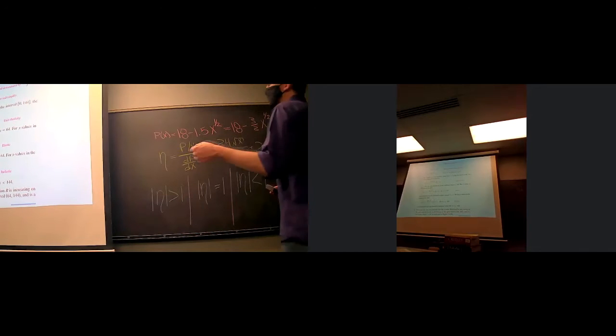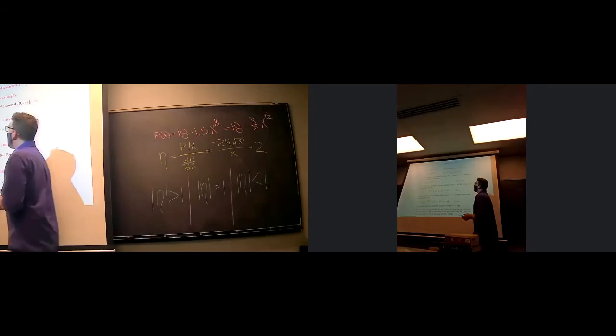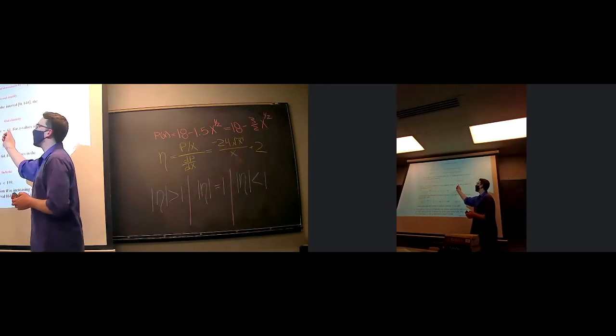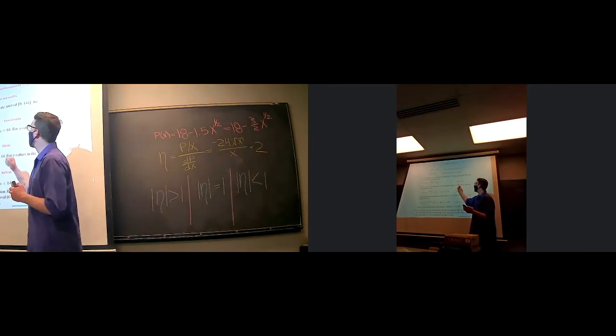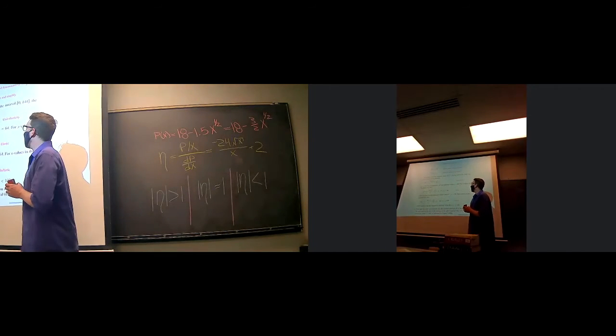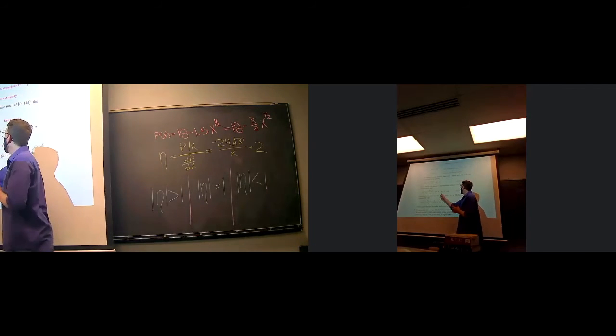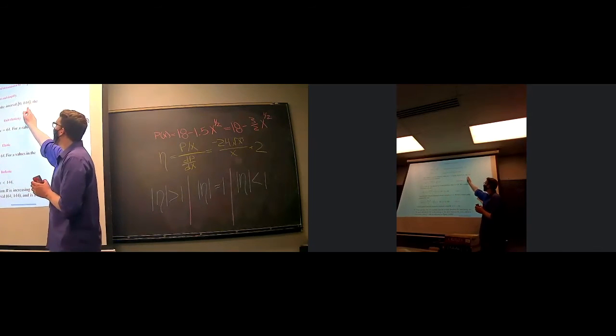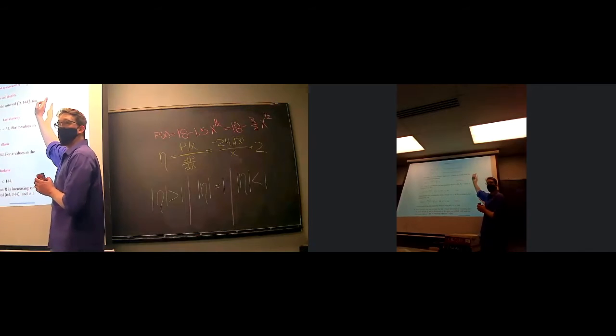So the only number that will make the absolute value of eta equal to 1 we'll solve to find is 64. So that means our intervals that we're going to be breaking up now will be 0 to 64, 64 to 144, right? Make sense?